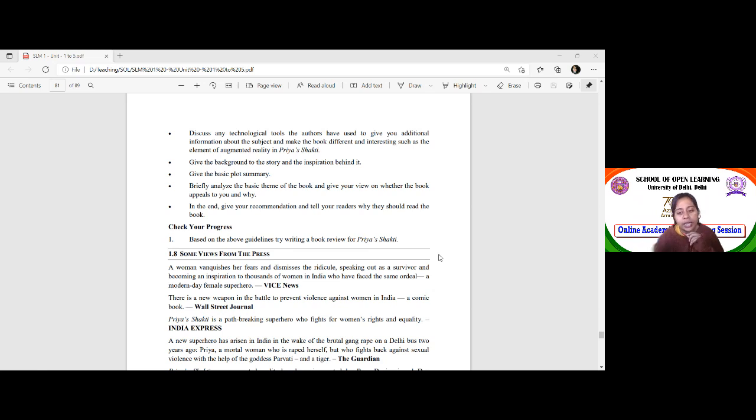All your essays and paragraphs, everything that you have written in your life, usually follows this simple format only. Now, what we are going to discuss is how these things are a little different in the book review, or what it is that you're supposed to mention in the introduction, in the body, and in the conclusion.